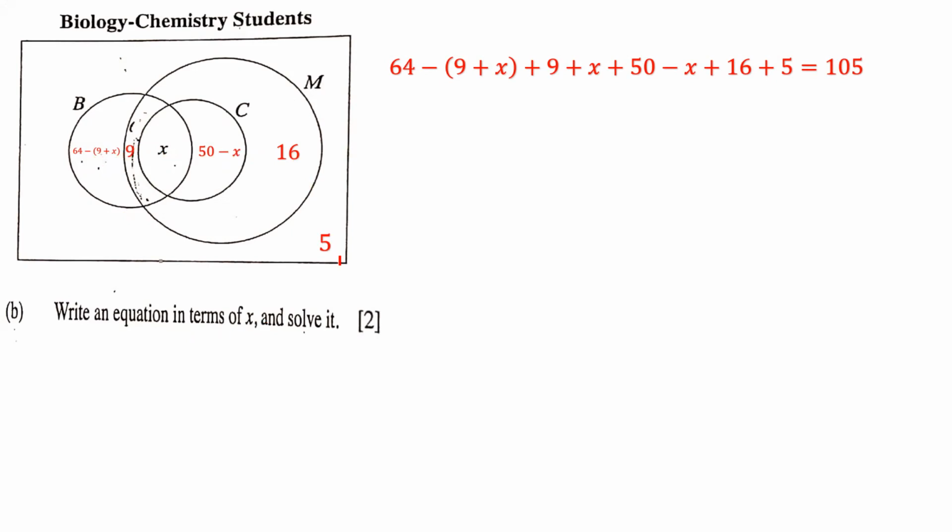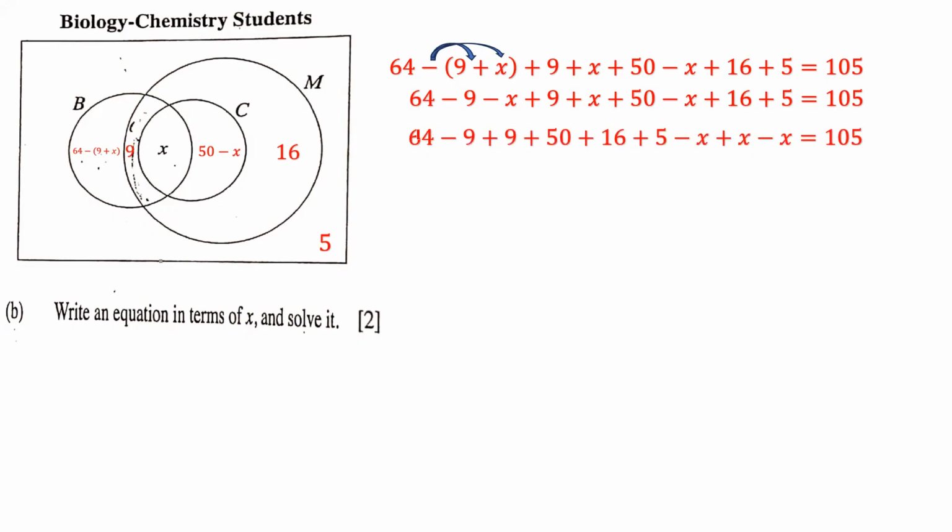So what we're going to do is multiply -1 by 9 and -1 by x, which is going to be equal to -9 minus x. Next, we collect like terms. Only the numbers we're concerned about. So 64, -9, +9, 50, 16, and 5. Those are the ones that we're interested in on this side.